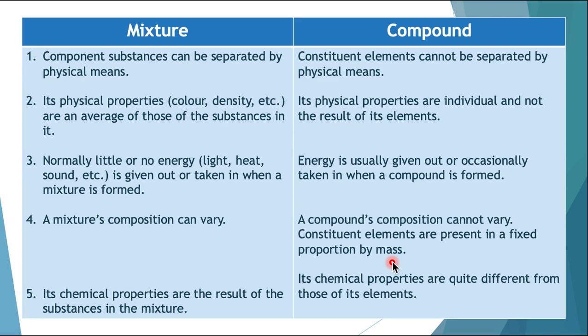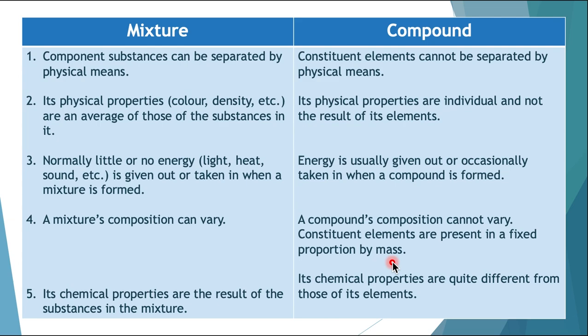In the same way, iron sulfide is a compound, and the constituent elements, iron and sulfur, are present in a fixed proportion by mass. To form one molecule of iron sulfide, we need one atom of iron and one atom of sulfur. So the proportions are equal to each other. And how much heat do we have to supply the elements for it to turn into a compound to start the reaction?